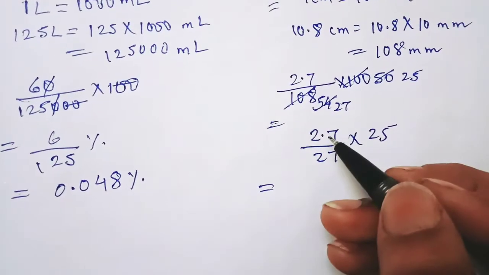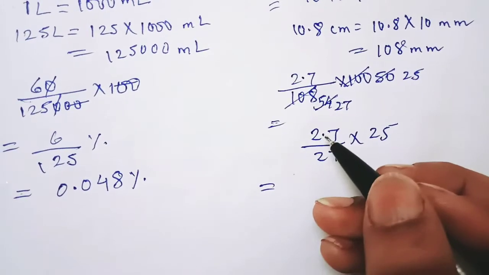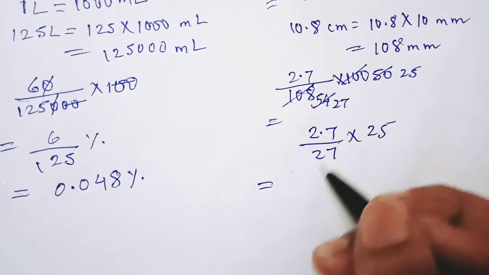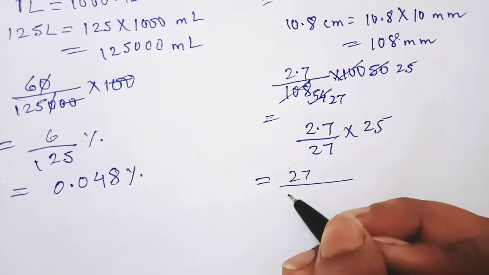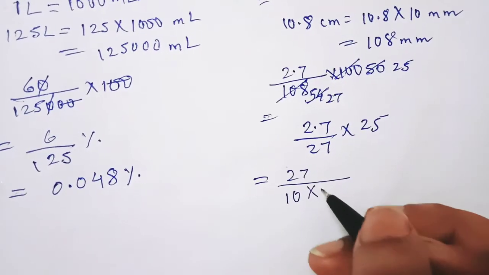Now this 2.7 is in decimal, you can convert it into a fraction. 2.7 can be written as 27 by 10 because after the point there is one digit. You can write 10 directly here. And in the denominator 27 is already there.